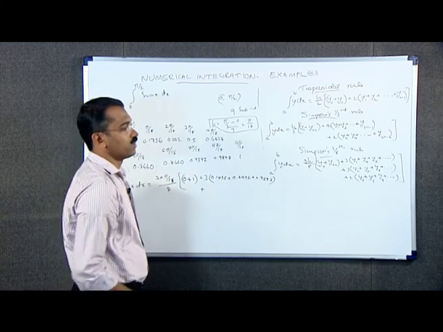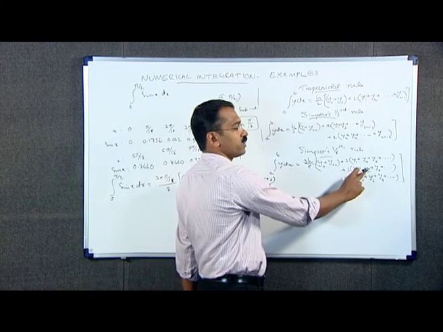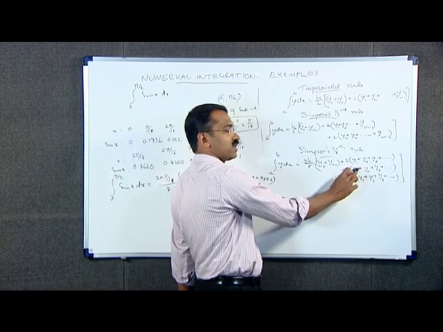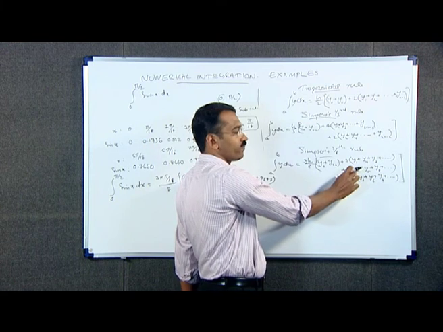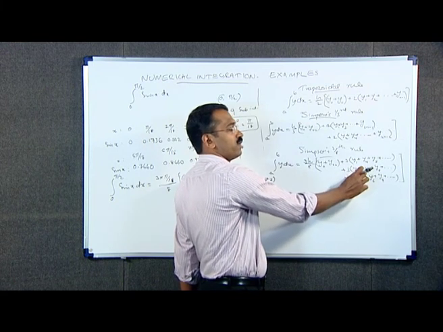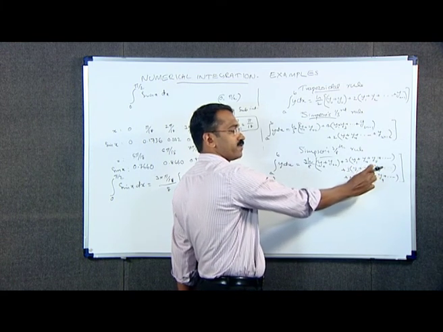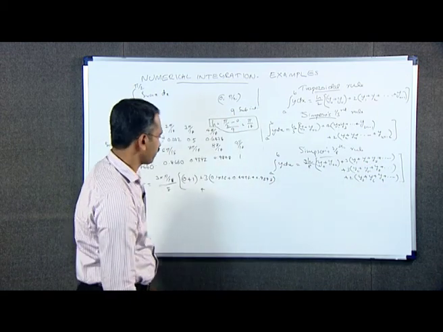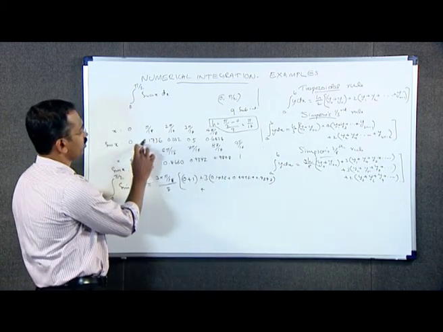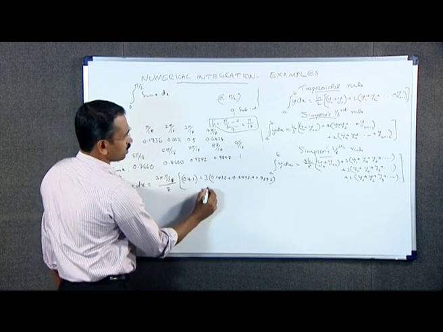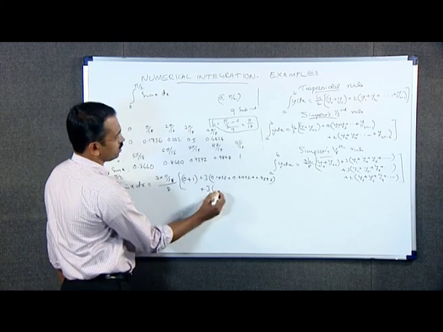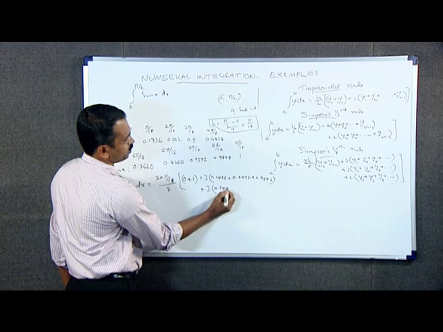plus 3 times y2 plus y5 plus etc. Starting ordinate is y2 and y5, y8, that is the differences of suffixes are 3. Here y2 is 0.342, 3 times 0.342.